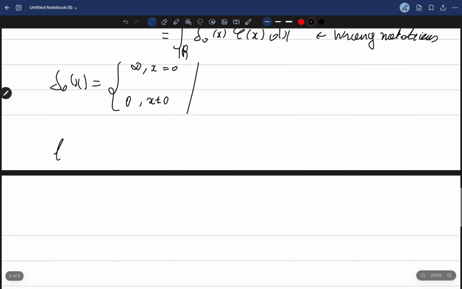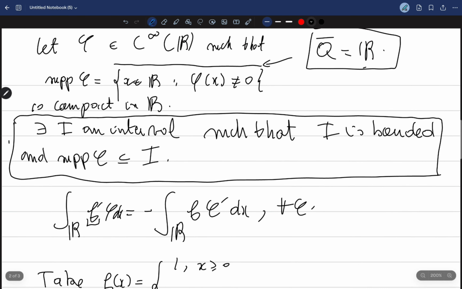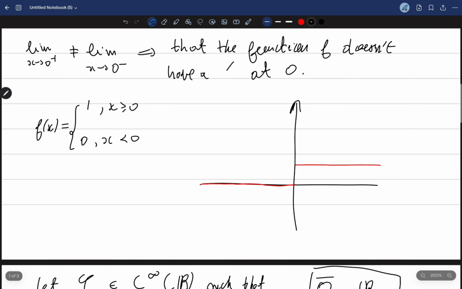So that means that f prime of x is equal to the Dirac function of x. So that means that the derivative of this function is 0 if x is different than 0, and it's infinity if x is equal to 0.